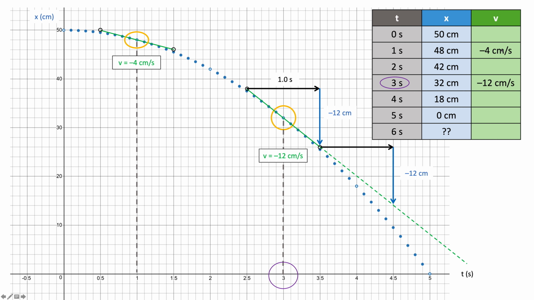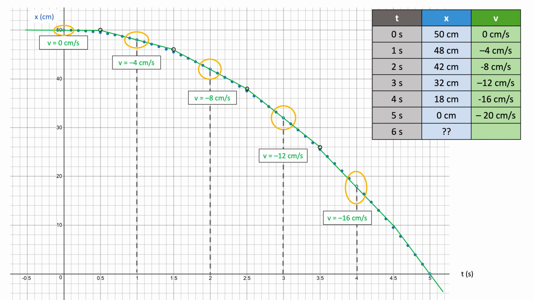So we can continue doing that for another point. We could say, let's look at t equals 3 seconds, and we could say, all right, let's find the steepness of this line and say the velocity it has at that moment would be the speed of the hypothetical line that it would have traveled. And this line being a little steeper, for every 1 second, this line shifts down 12 centimeters, and so it has an average speed of negative 12 centimeters per second.